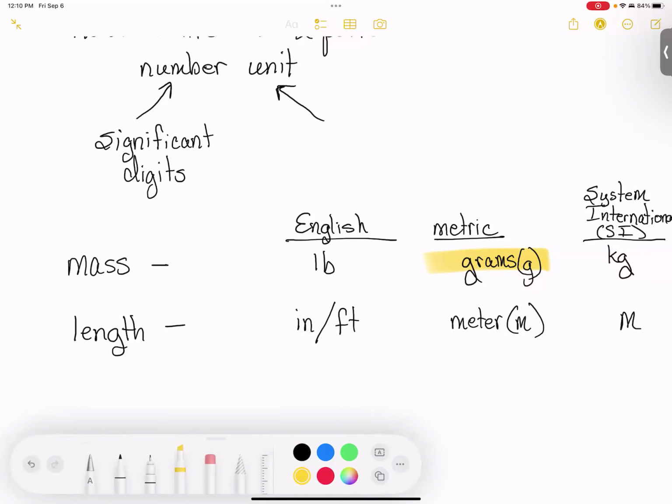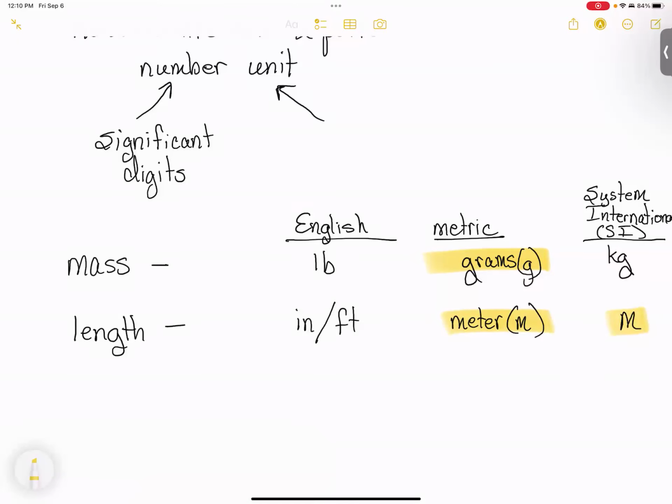While we will learn to deal with inches and feet, we'll primarily be converting them into the metric and SI unit.